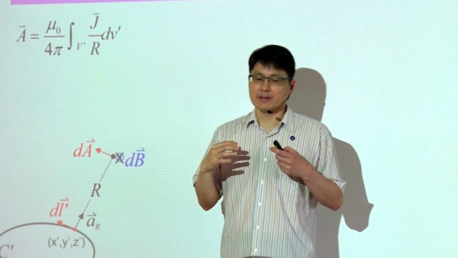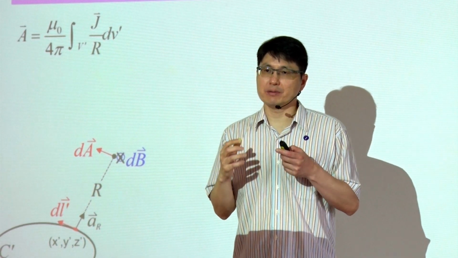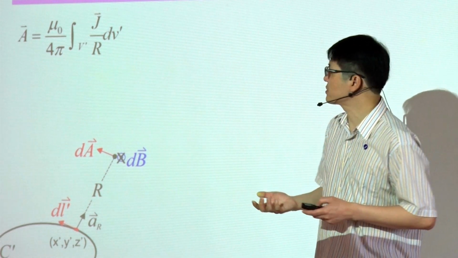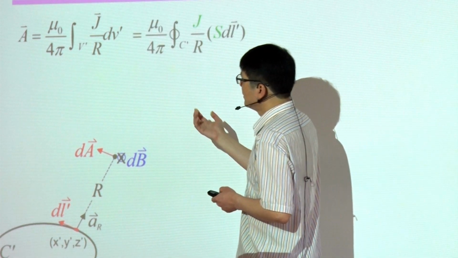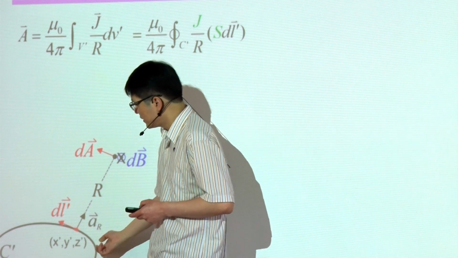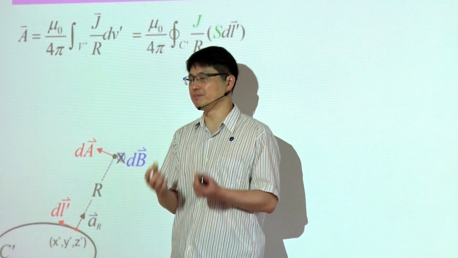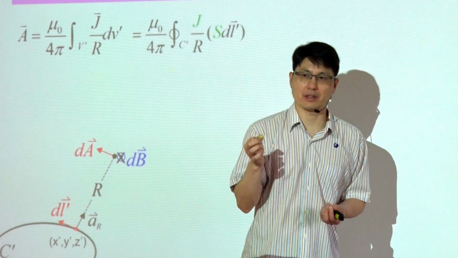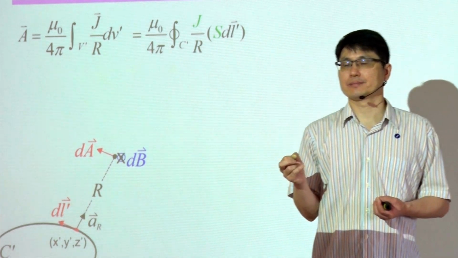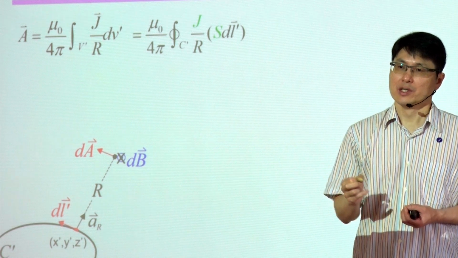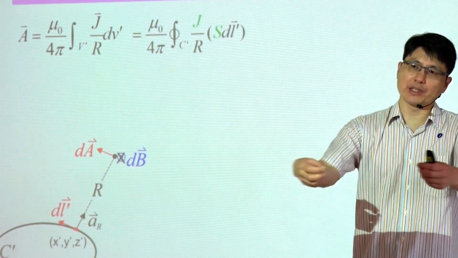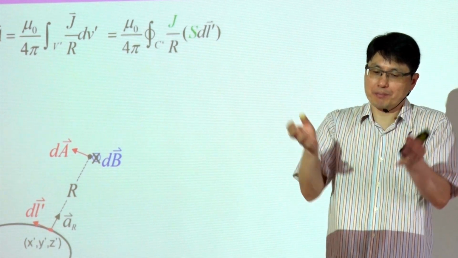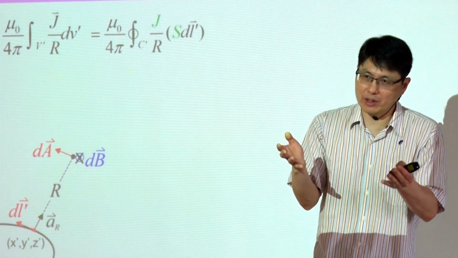So to me, the major contribution of Biot and Savart was to realize, well, the basic current conducting element is a closed loop of wire. Okay? So you're trying to perform the volume integration of that wire, that closed loop formed by a conducting wire.